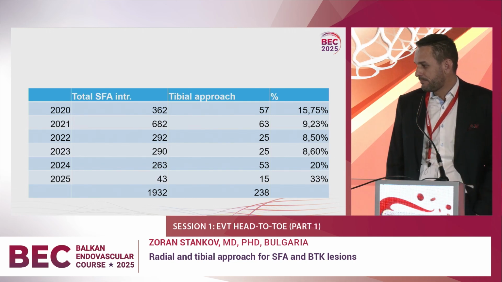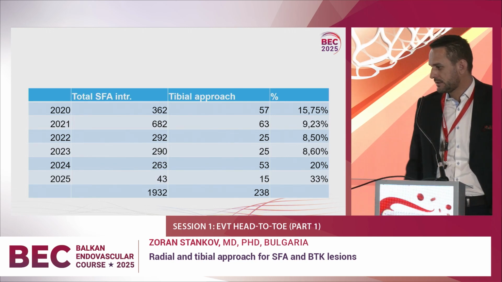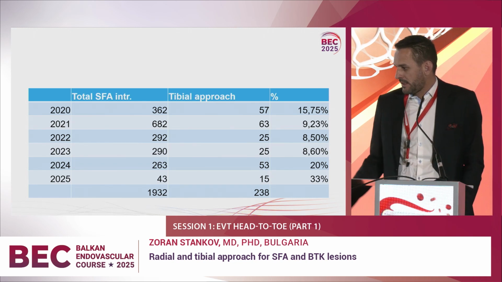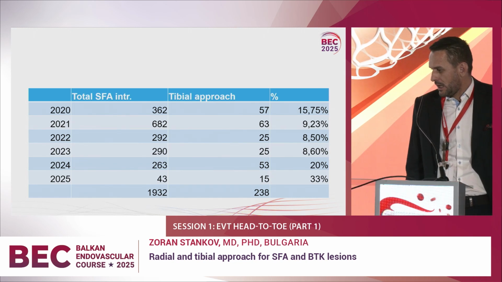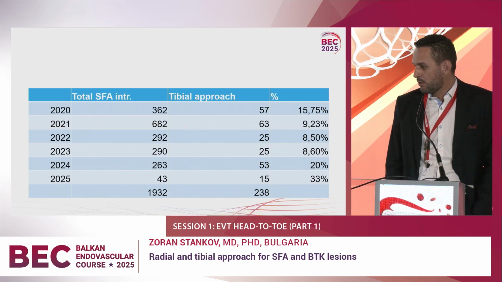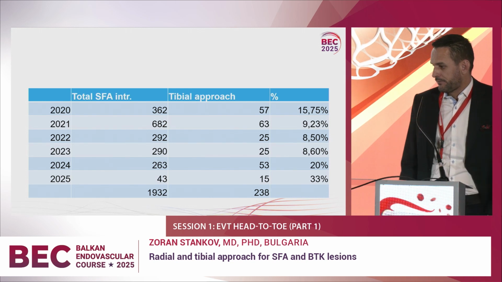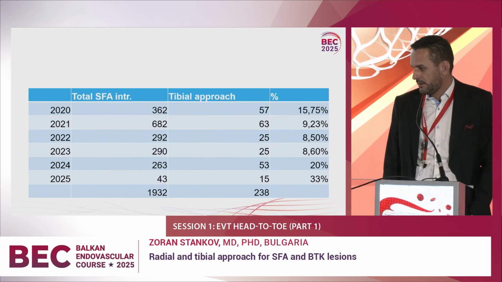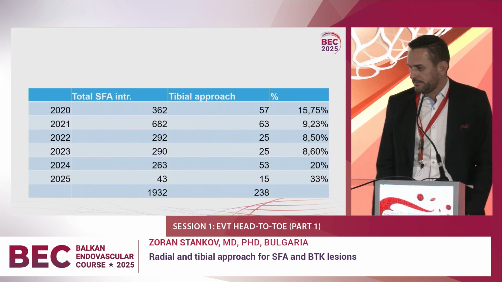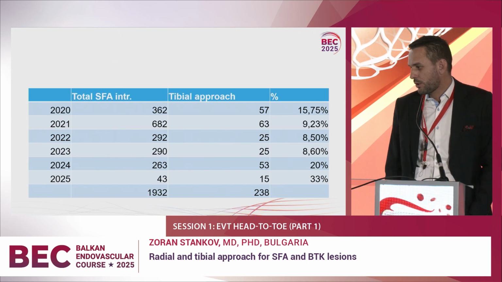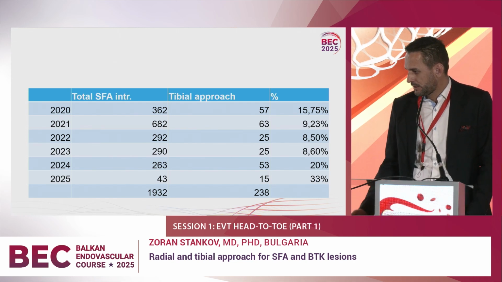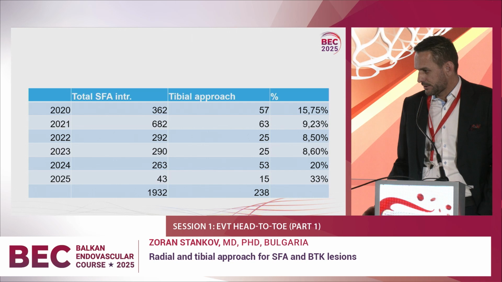A little more than 10% on average use the tibial approach, and in the last 2 years the percentage goes up, and this year only a third of patients go with the tibial approach for the recanalization.